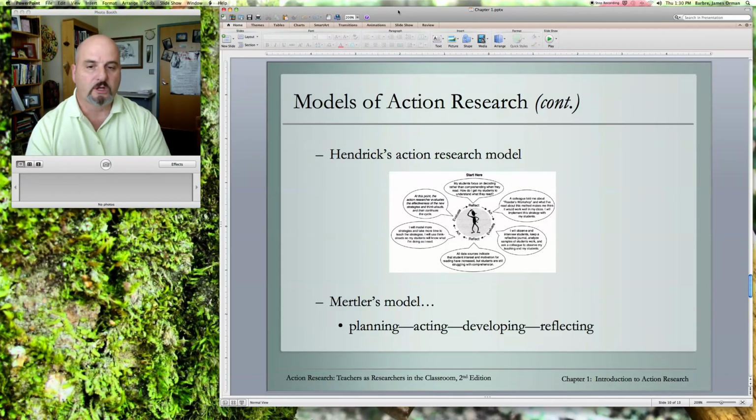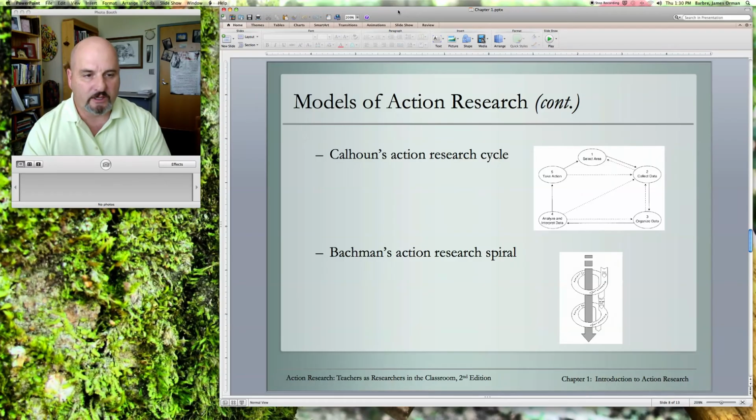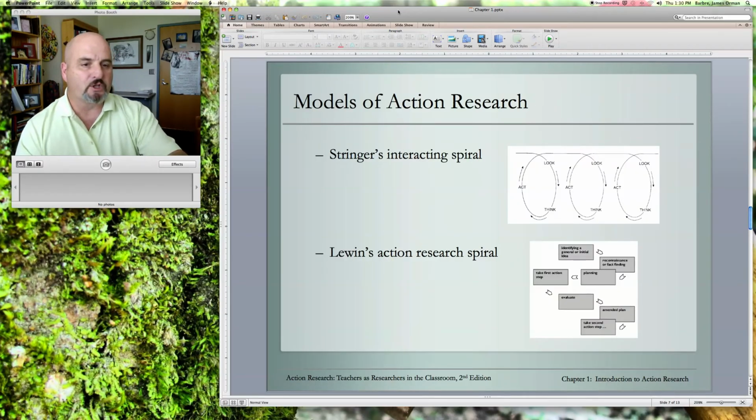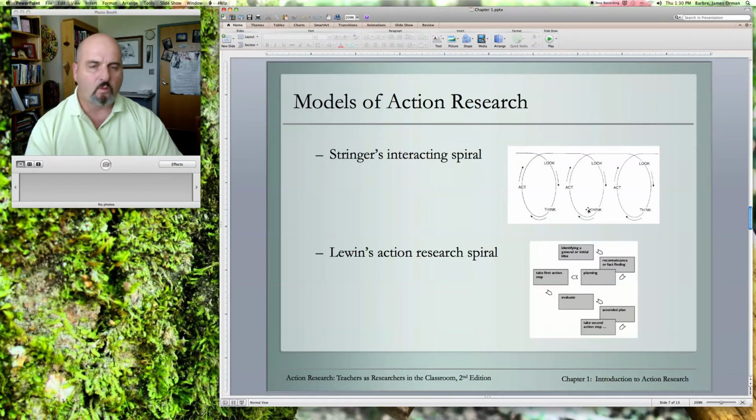Now the thing that I want to draw your attention to as you go through all of these, and Stringer's is probably the best illustration of this. If you'll notice, it tends to be kind of circular in nature. So whenever you look at any kind of research or approach to conducting research where this is concerned, don't look at it like it's a linear process.